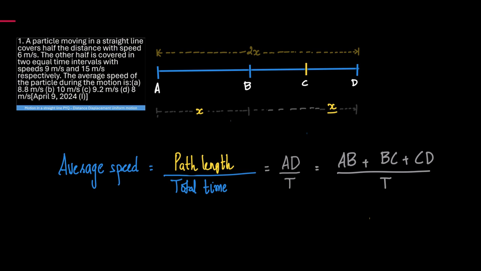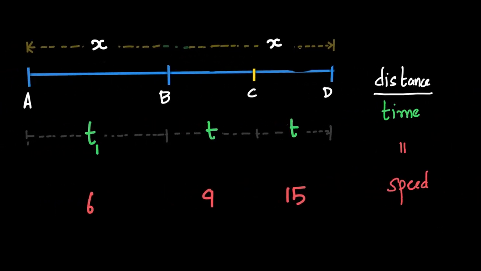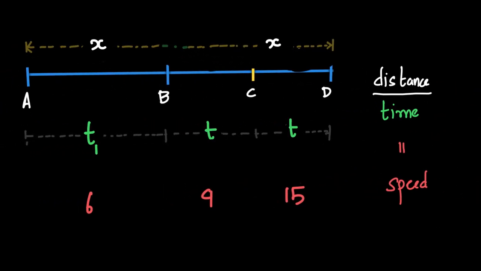Now let's try to visit the question part which says with respect to time. So what I've taken here is the same diagram AD, but this time I've included time and speed in the diagram. So AB is covered in time t1 with speed 6, BC is covered in time t with speed 9, CD is covered in time t with speed 15.